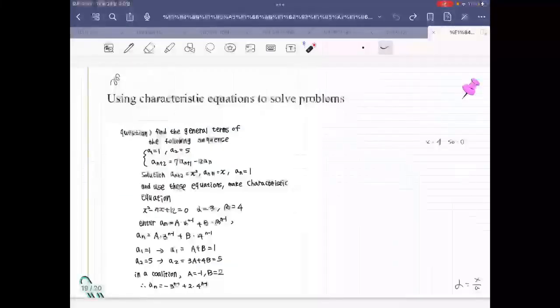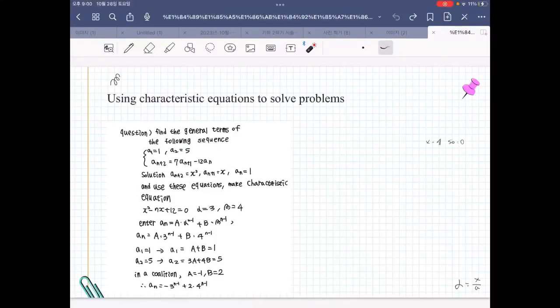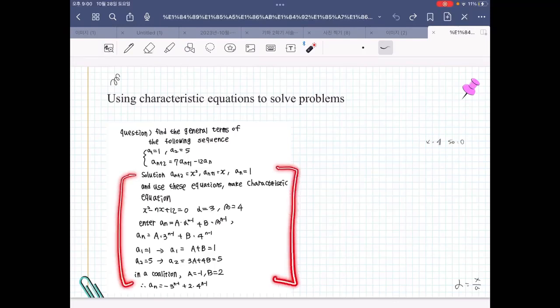And last, let's apply this general term to the problem. The question is, find the general terms of the following sequence. The problem is like this. The solution is like this. To solve this problem, first I set a(n+2) equals x squared and a(n+1) equals x, and an equals 1.